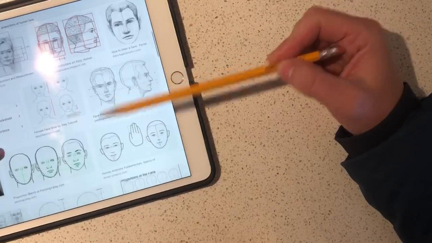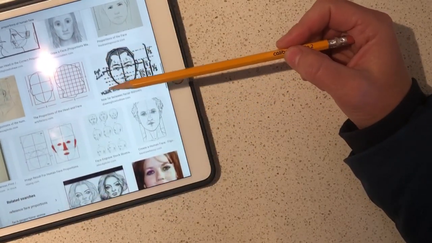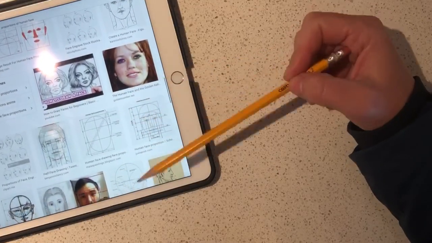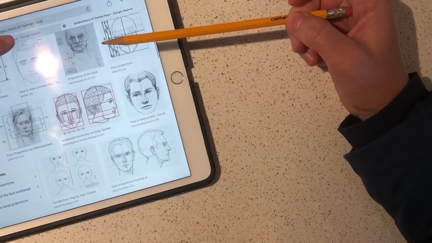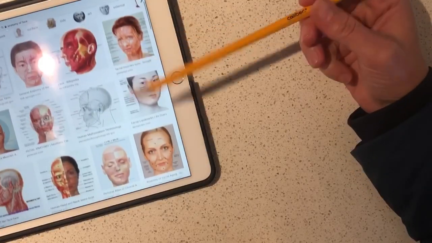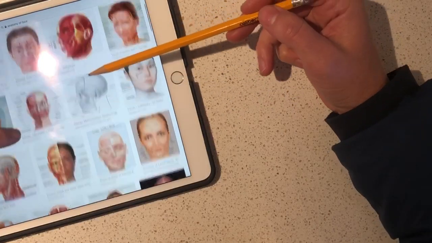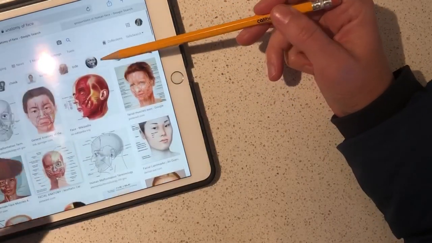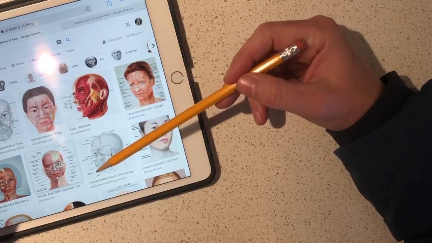So I'll be talking about the proportions in a second, but what you could do is look this up on the internet just to give you a good idea. You can also look up the anatomy and see what is going on underneath the face, such as cartilage, bone, organs, structure, all of that underneath.